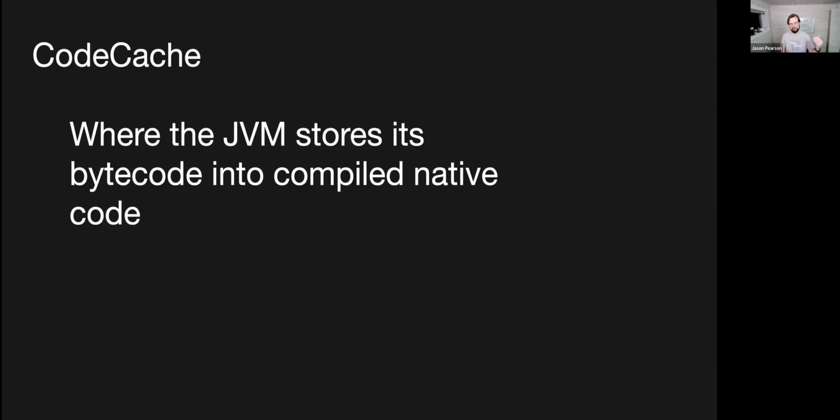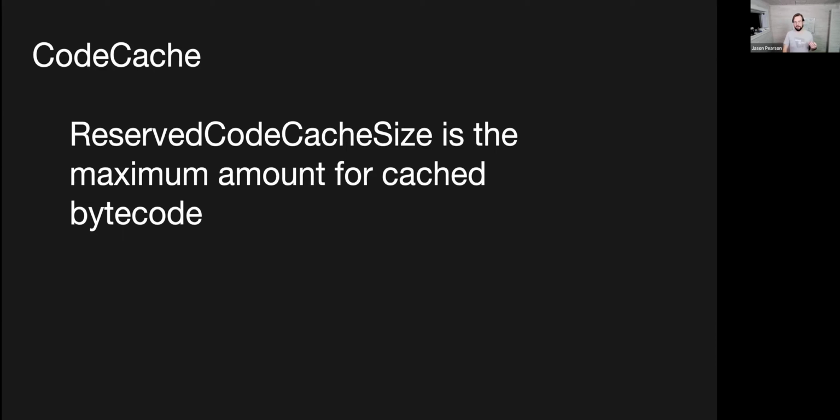So next on the overhead stuff is code cache, and it's where the JVM stores its bytecode compiled into native code. Reserved code cache is the maximum amount for cached bytecode. Essentially, that means as Gradle is compiling your app, it's looking at the bytecode that it compiles, and it caches it, and if it matches it later, it can reuse it.